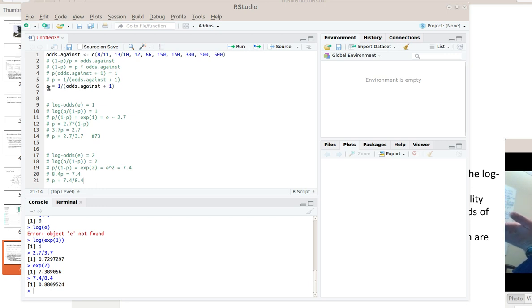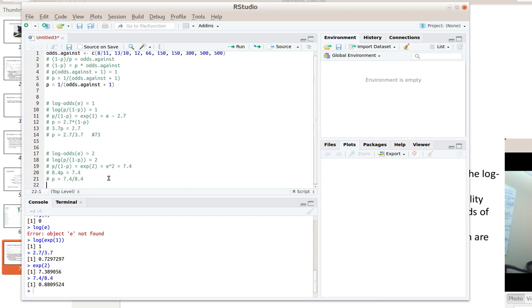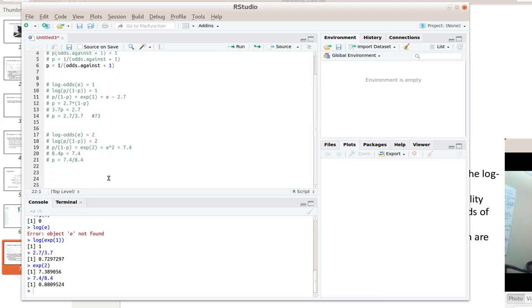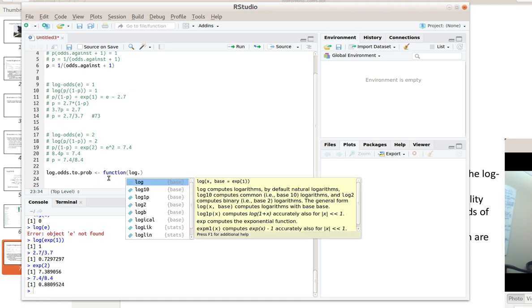So we actually already have a formula for this right here, except this is for the odds against, not the odds for. So we can just say, get me probability from odds. So I'll say log odds to prob, let's say. This is just converting the log odds to a probability, and let's say I want it to be a function of the log odds.